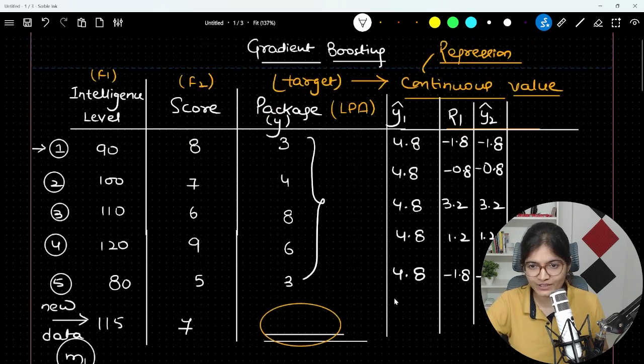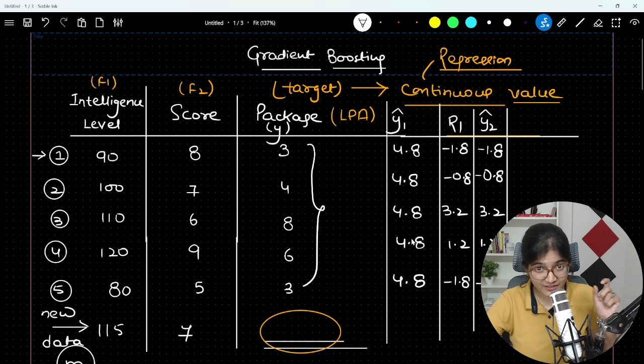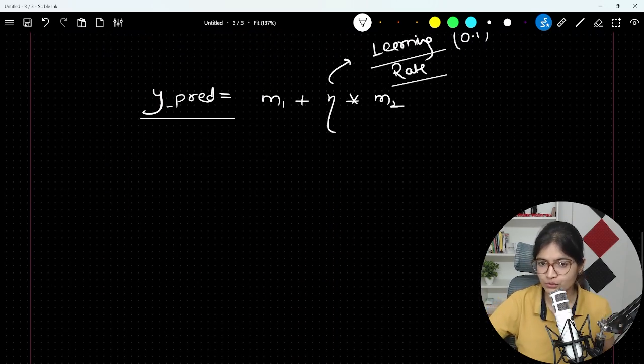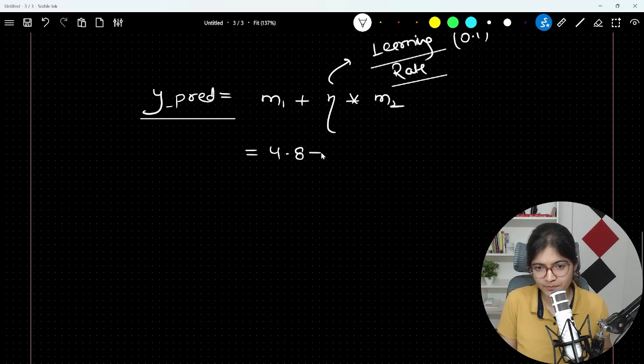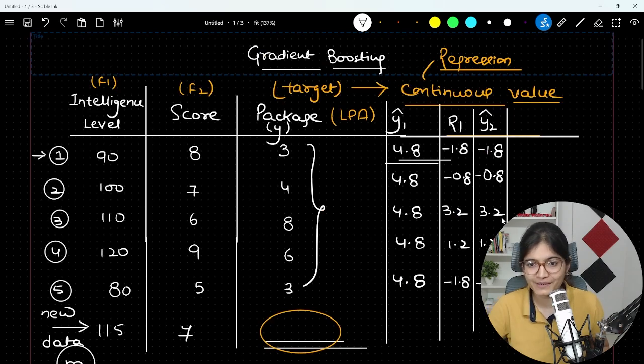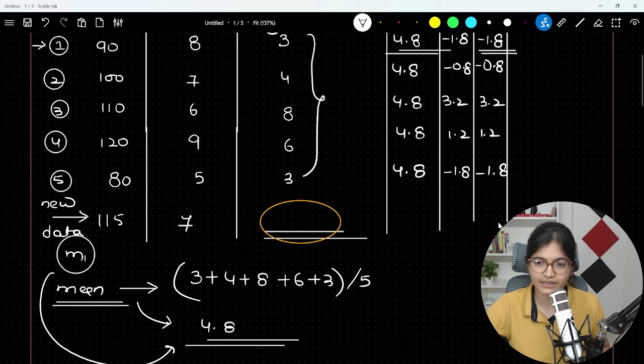So here you can see the value of M1, the model's prediction given solely by the M1 model, is 4.8. In order to combine these predictions, it will be 4.8 plus eta, which is 0.1, times the M2 value. It is negative 1.8.